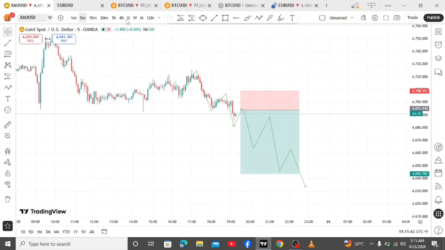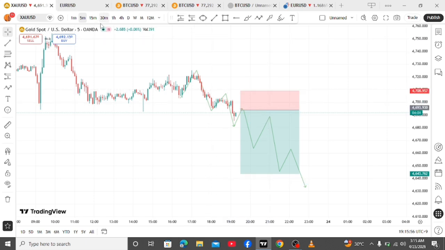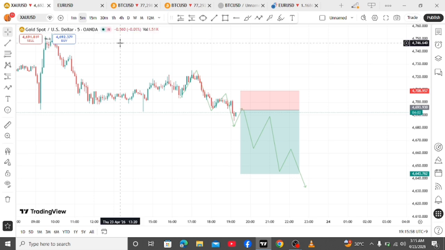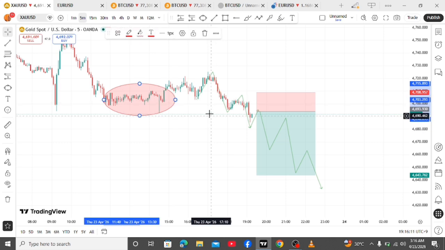If you remember, we went to the bigger time frame just to see the direction of the market, and we've seen that this market is in a downtrend. You understand? So this market is in a downtrend. We went over to the smaller time frame, which is the 5 minutes, to search for sell positions. As you can see, we had a consolidation here until the market started making reasonable trends.